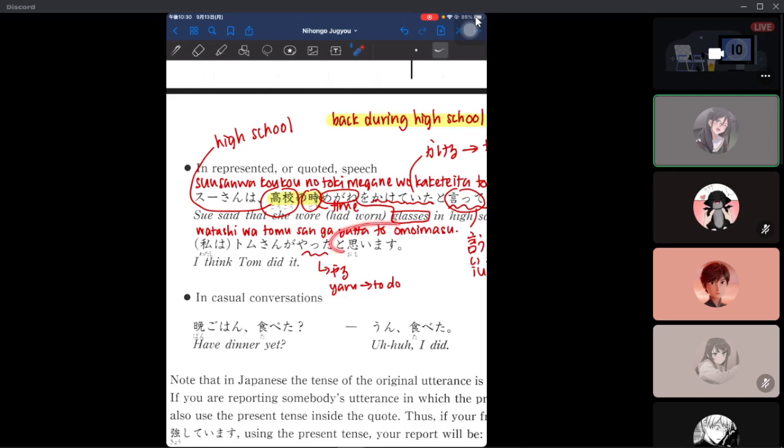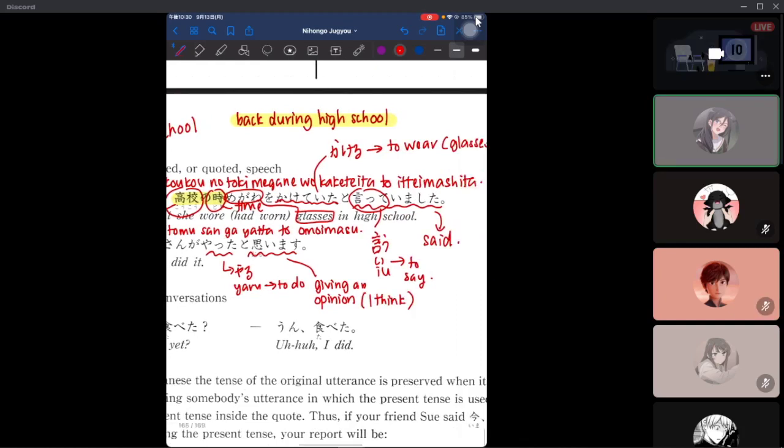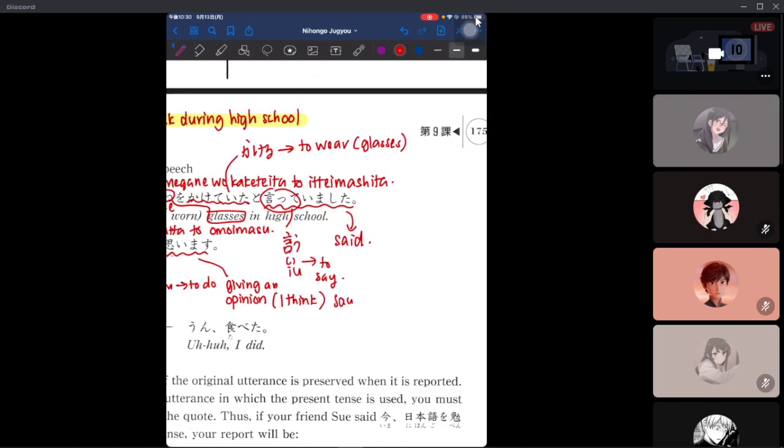と思います is a grammar we've learned before, which is giving an opinion, like I think, more like saya rasa in Malay.